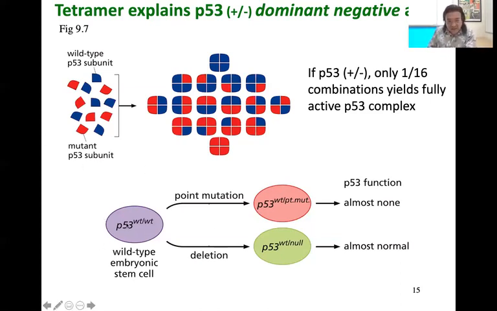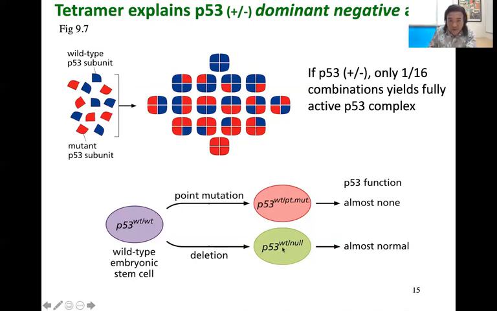So let's look at this. If you have a wild type embryonic stem cell that's p53 plus/plus, and let's say you get some sort of deletion event so that you completely mess up one copy of the p53, this would result in a truncation.